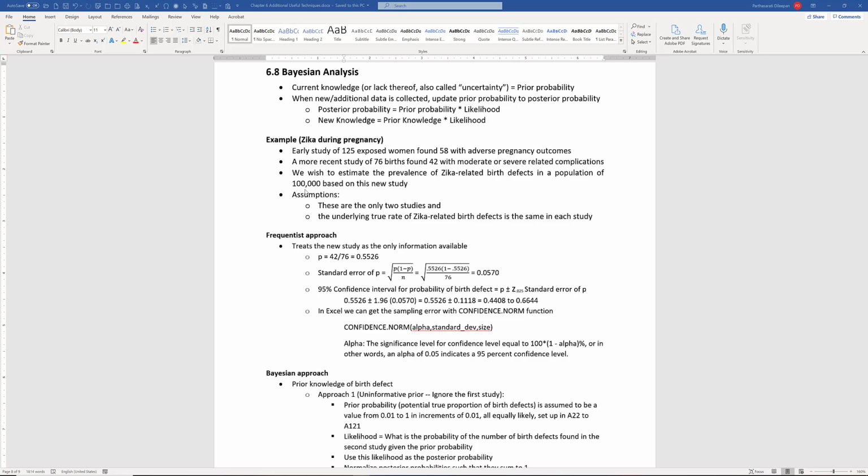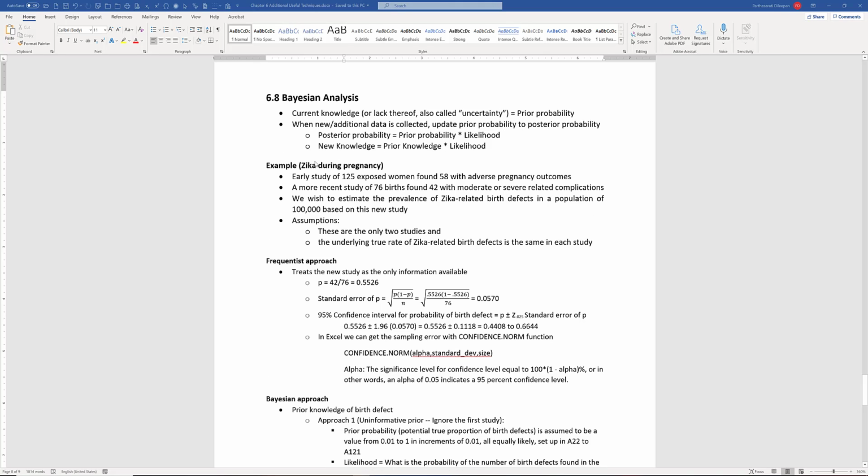But for our purposes, let's assume that there was only one previous study. And of course, the underlying true rate of Zika is the same in both cases and in the 100,000, so the study results are applicable to the 100,000.